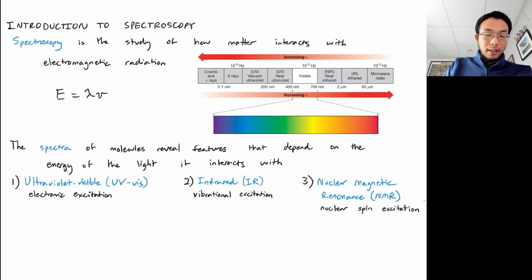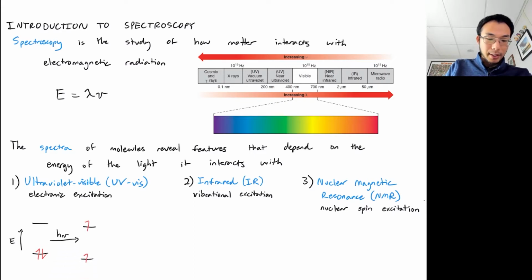The UV-vis type of spectroscopy relies on what's called an electronic excitation, which means that electrons in a molecule are being changed in their energy. In an energy diagram, the molecule might look like this, where we have the highest occupied molecular orbital and a lowest unoccupied molecular orbital.